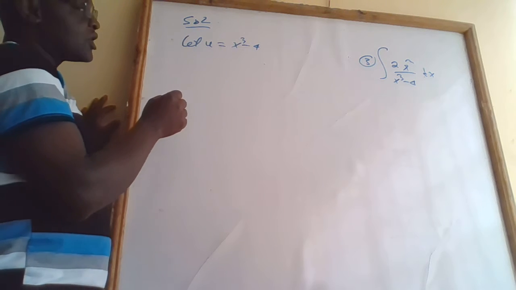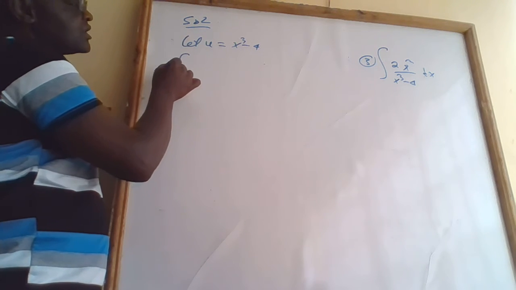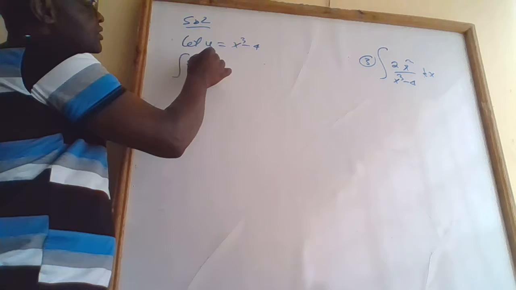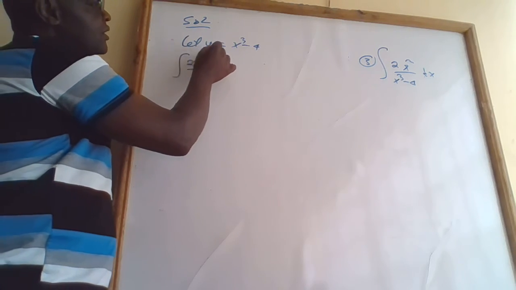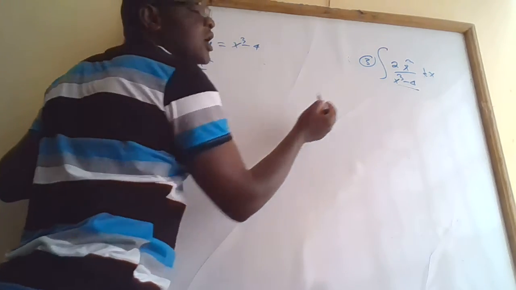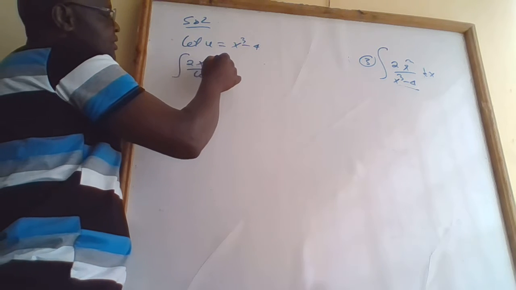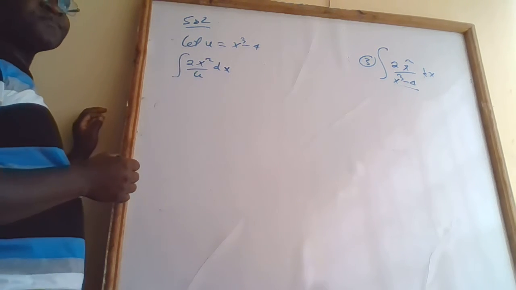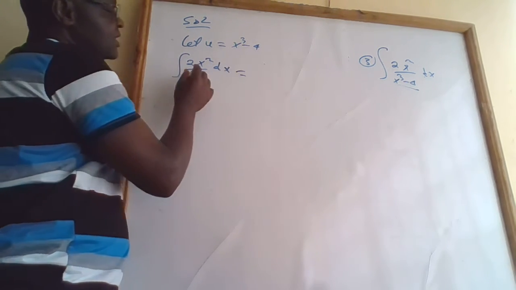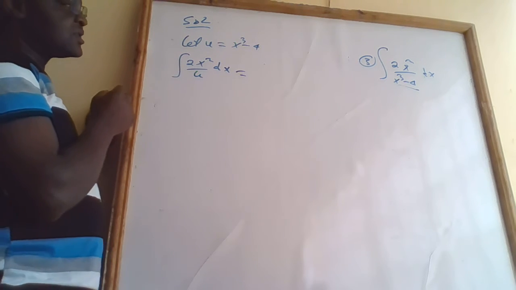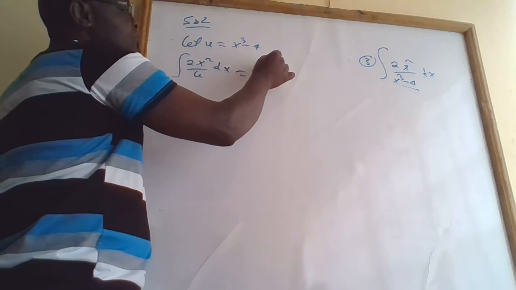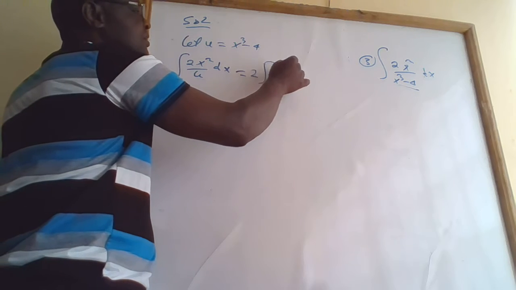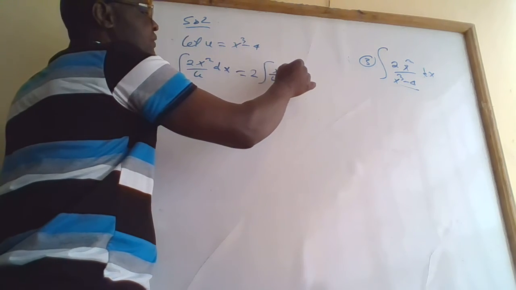So our integral now becomes the integral of 2x squared all over u then dx. This is the same as, we take 2 outside because it's a constant, 2 the integral of x squared all over u then dx.